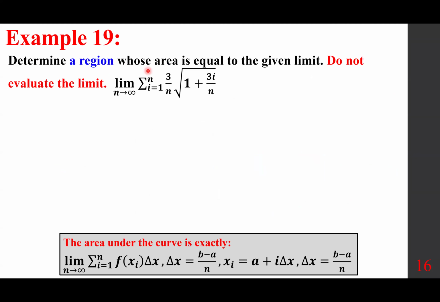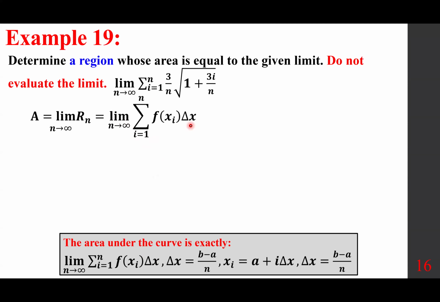Determine a region whose area is equal to the given limit. Do not evaluate the limit. The limit as n approaches infinity of summation of i going from 1 to n, 3 over n squared of 1 plus 3i over n. So again, reminding you of these formulas that you see here. If we write the formula, the limit of R sub n as n approaches infinity is the summation of f of x sub i delta x.